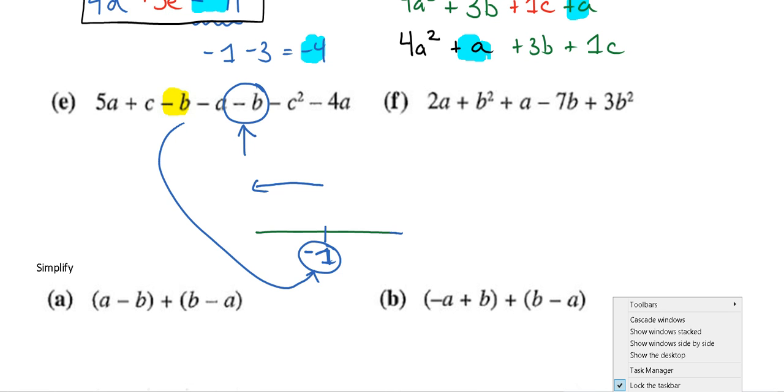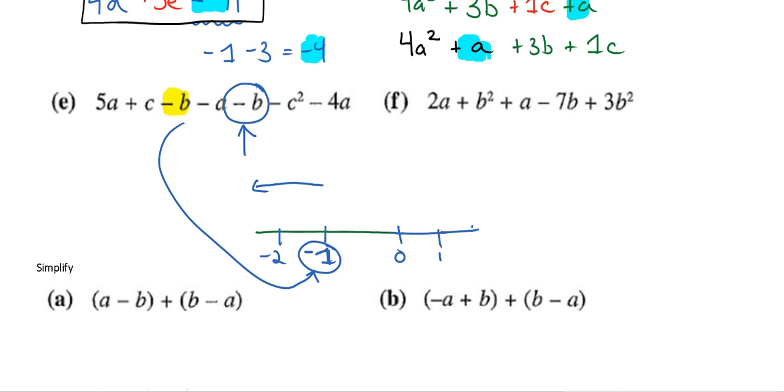You're becoming more negative. So if I take another negative b from negative 1, the next number across would be negative 2, right? The positive numbers are over here: 0, 1, 2, 3. If I start with a negative number and take away another negative number, I'm not becoming more positive.